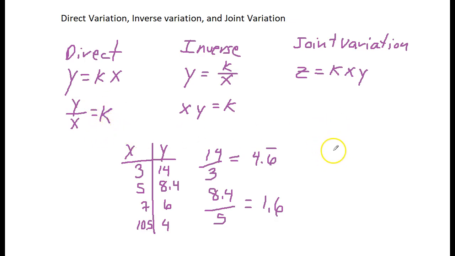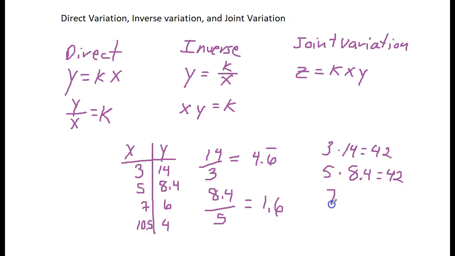So I'm going to try multiplying them now. If I take 3 times 14 to test for inverse variation, that equals 42. If I take 5 times 8.4 in a calculator, I get 42.